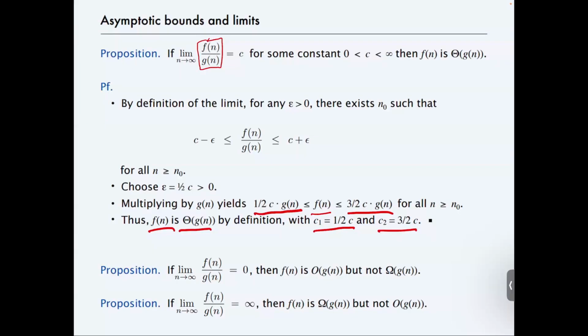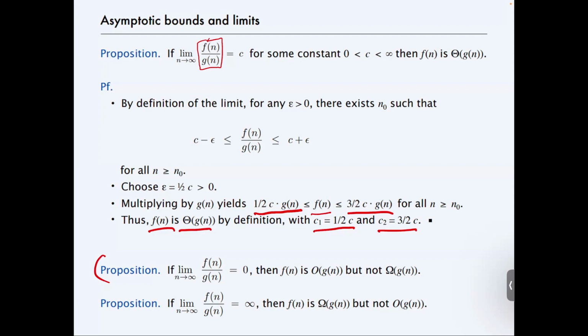The second proposition, the one on the bottom here, says that if the limit of f of n over g of n is 0, then that means g of n is growing strictly faster than f of n, because the denominator is dominating the numerator.